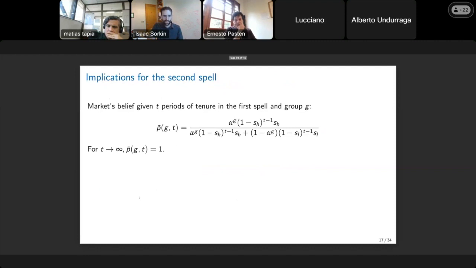This next slide shows you the flip side of this. It's restating what I just showed you on the previous slide, which is that the market's belief that workers are high type, given T periods of tenure in the first spell in group G, is given by this expression. The only important thing about this expression is that as tenure goes to infinity, the probability that the worker is a high type goes to 1.